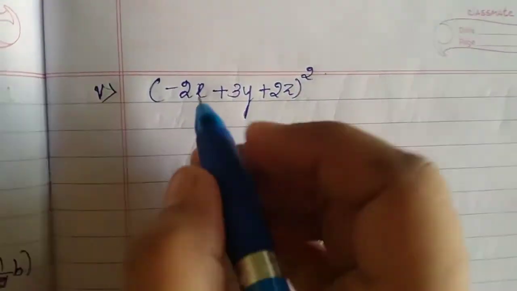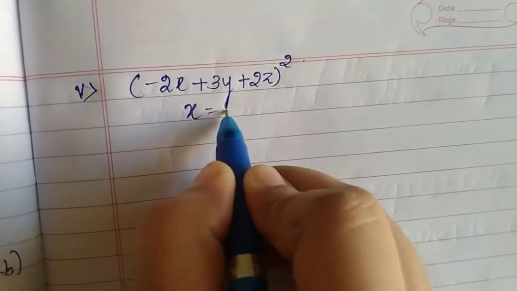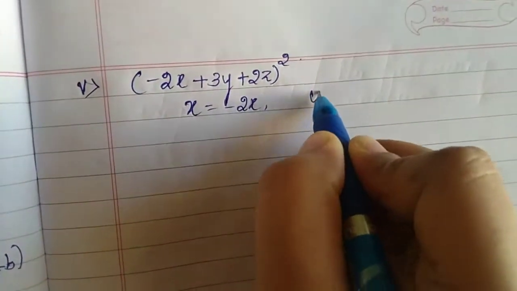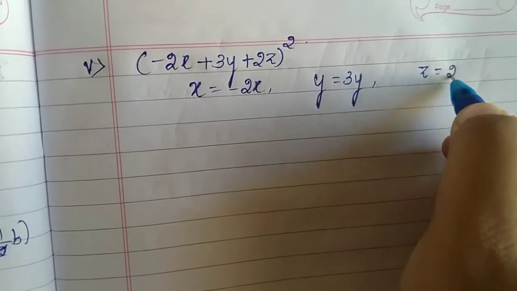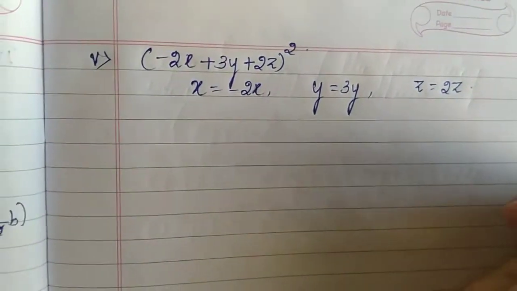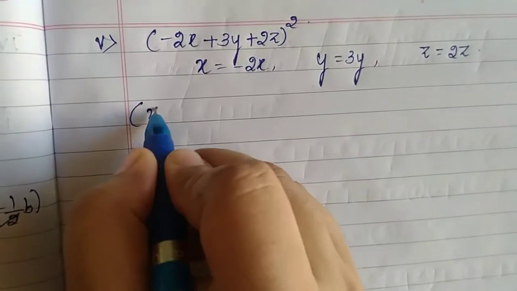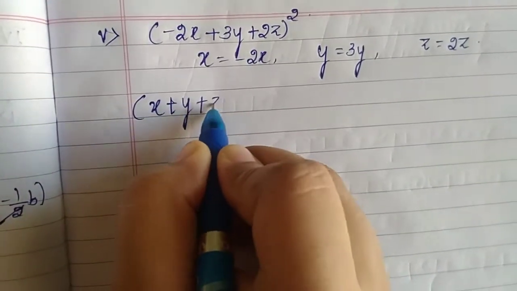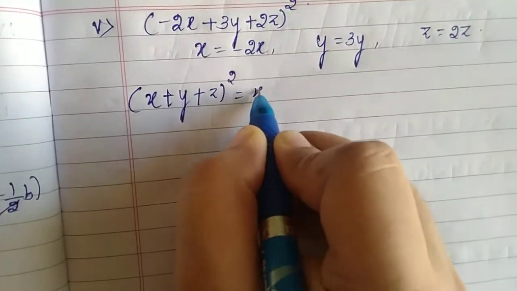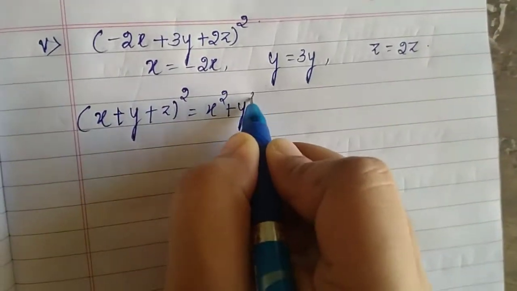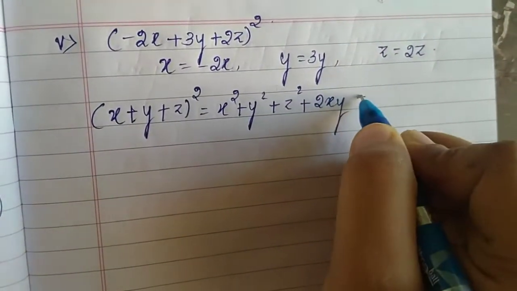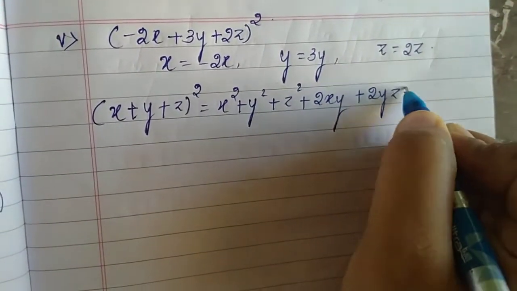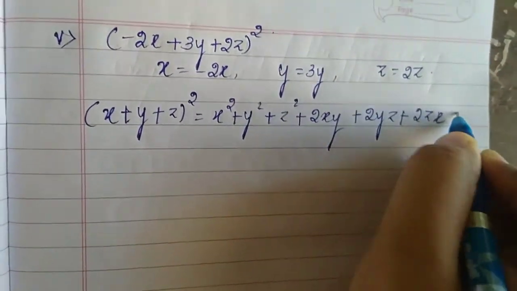Okay, so here in place of x here minus 2x, in place of y 3y and in place of z 2z. Okay, so now here you can see x plus y plus z the whole square is equal to x square plus y square plus z square plus 2xy plus 2yz plus 2zx.